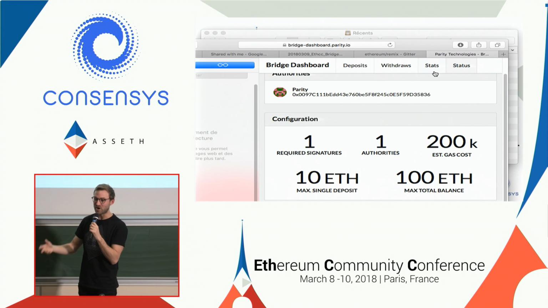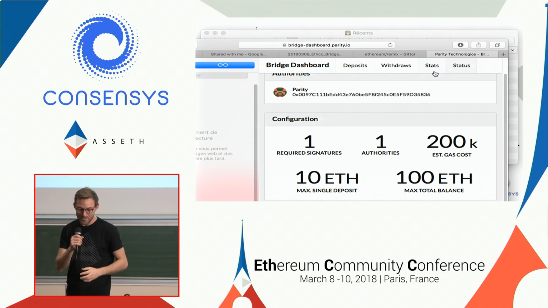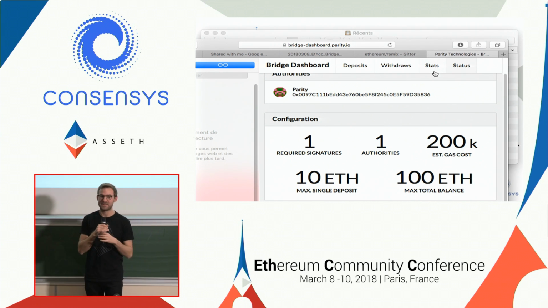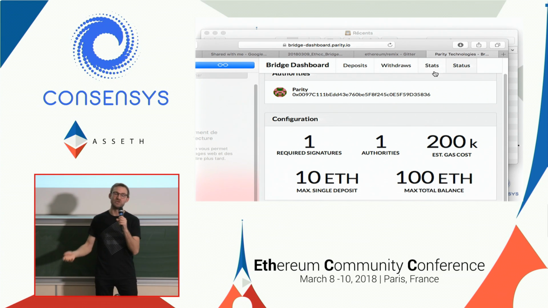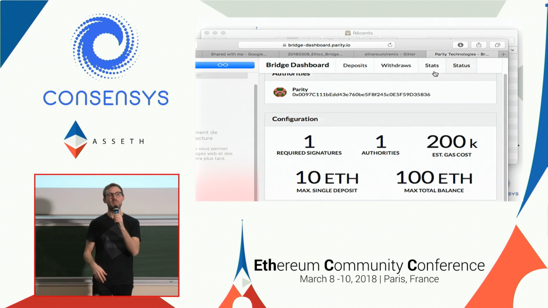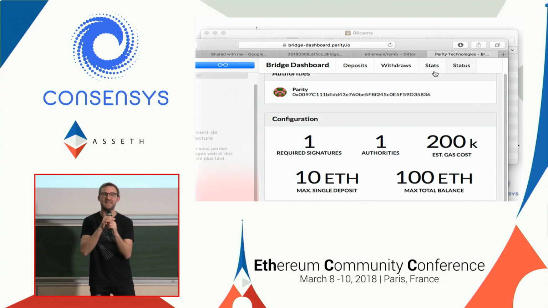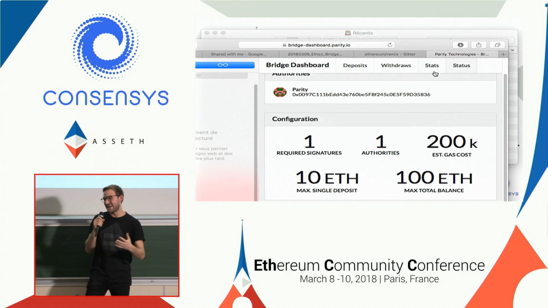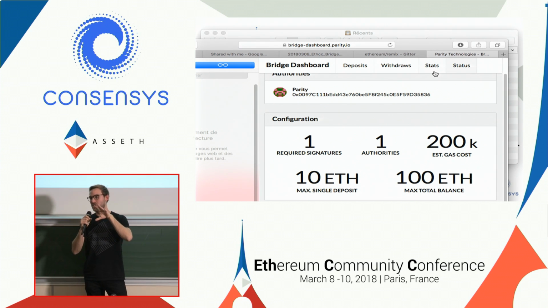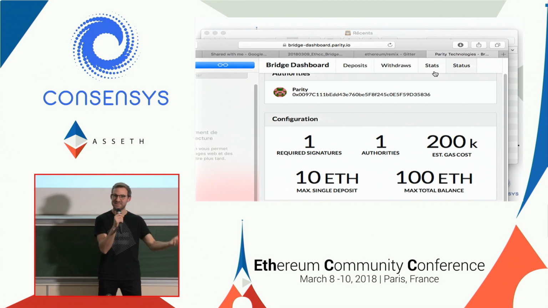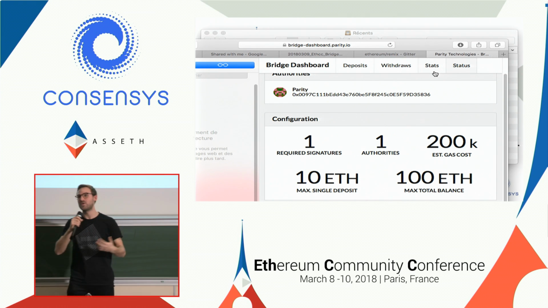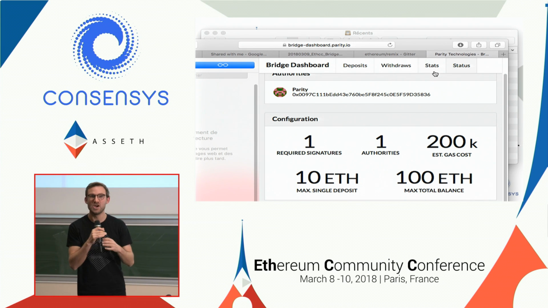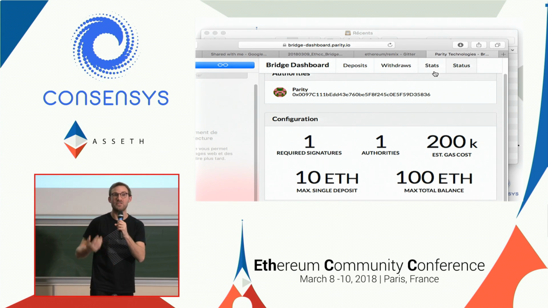So what we've been talking about in Barcelona, for example, is that some teams have voiced that they might be interested in setting up a new POA chain where they make a few pledges. Number one, they say, hey, this is kind of a test network, but we have real value on here, maybe limited value, but real value. We don't want to try really cutting edge features such as Casper, right? We need our Dapp to be running over the next year.